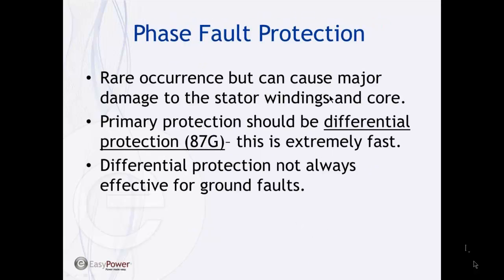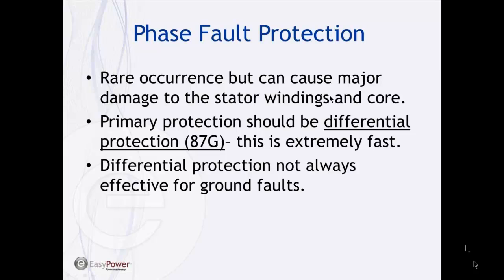All right, so if we look at the typical protection schemes we're trying to provide here, the first one we're going to talk about are phase faults. So phase faults in the generator are relatively rare, but if you do have one, it can cause major damage. So we want to try to trip as fast as we possibly can.